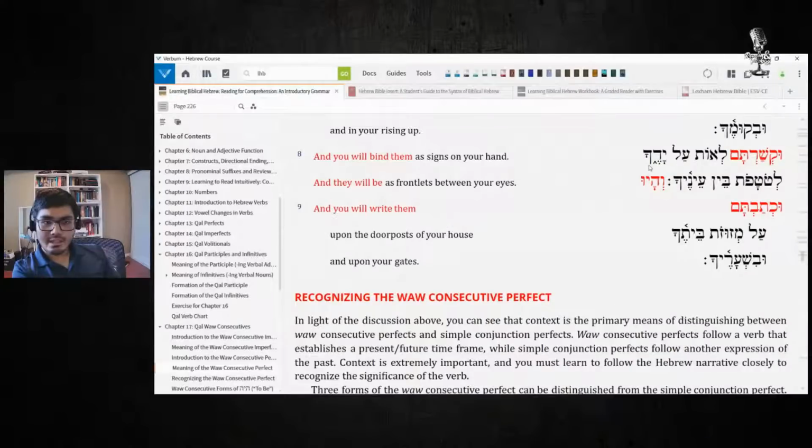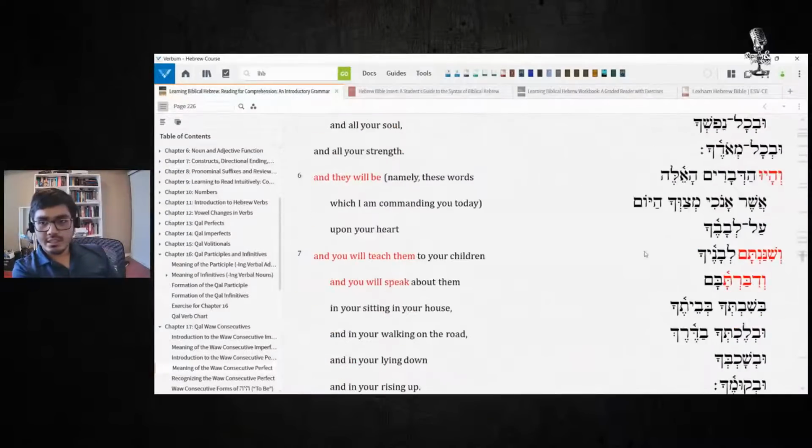Vakashartam laor al yadecha, you will bind them as signs upon your hand. Letotafot ben enecha, and between your eyes. V'chatavtam, and you will write them upon the mezuzot of your house, upon the doorpost of your house, uvish arecha, and upon your gates.